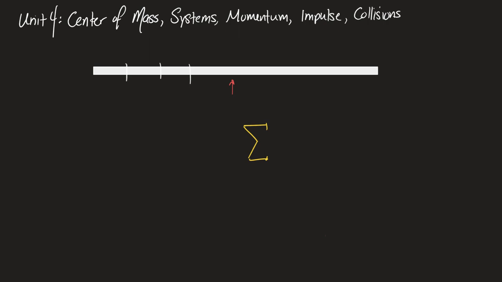So the point mass version still is going to be a location. And it's still going to be a fraction, where the top is one part of that fraction and the bottom is a different summation. If you know how a summation works, then you know that there's a bottom part that tells you what your counter is going to be. I'm going to use the letter i as the counter.